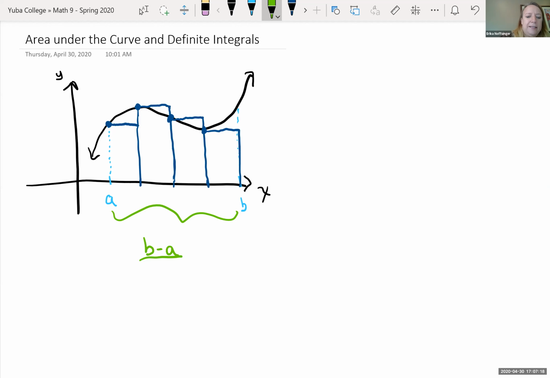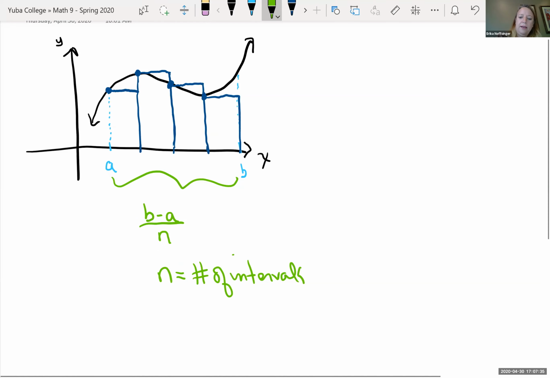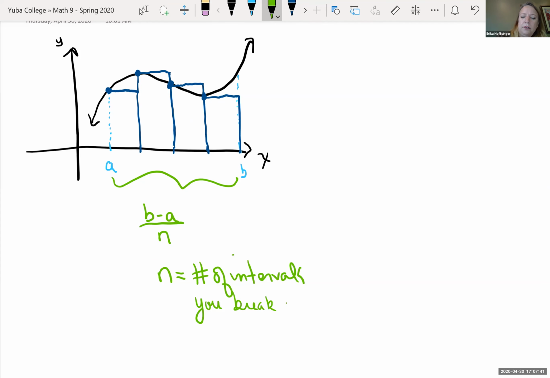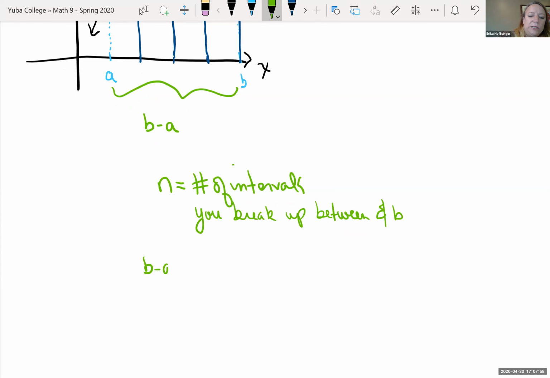So if n is equal to the number of intervals you break it up into between a and b, then b minus a all over n is equal to the length of each interval.